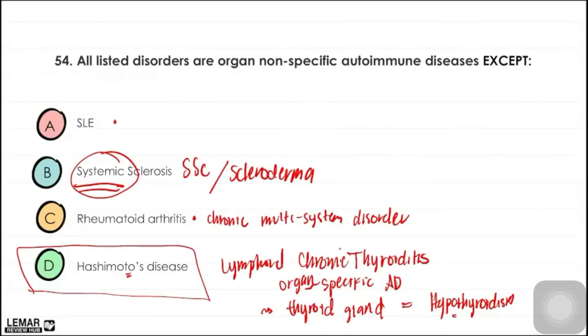The current model of pathogenesis of RA proposes that an infective agent or stimulus binds the receptors of the dendritic cells, which activates the innate immune system. So for 54, Hashimoto disease is an organ-specific autoimmune disease.